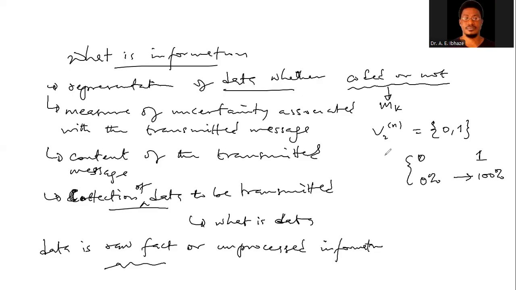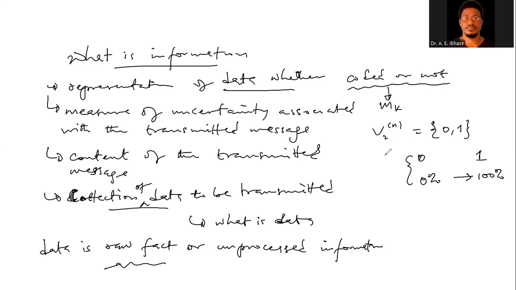And like I said in our last class, if you know what I want to transmit, can we say information has been passed across? No. So it means that the more you know about what I have to transmit, the less information is passed.